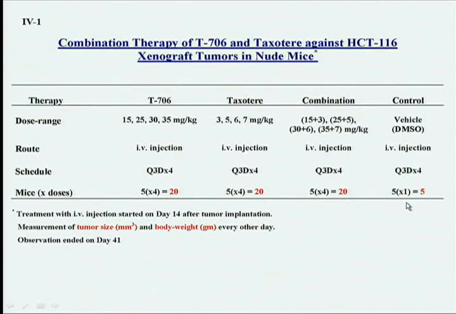Okay, let's go to animal drug combination because it's important, but here I want to give one example which I reported last year at the AACR meeting in San Diego, in mouse xenograft in nude mice.